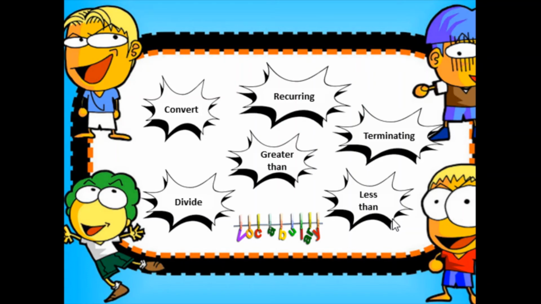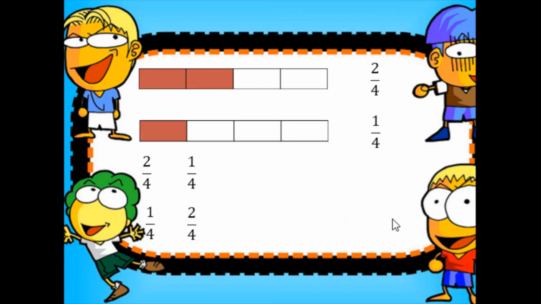Alright. Now, as you can see here, there are two figures. There are two parts being drawn in the screen. How many parts is the first one? Let's count together. 1, 2, 3, 4. That is why we wrote 4 over here.